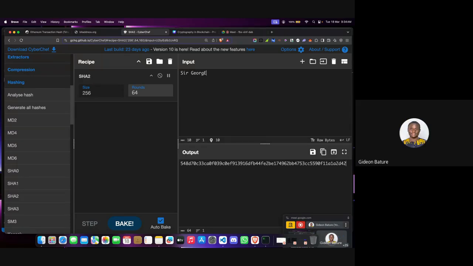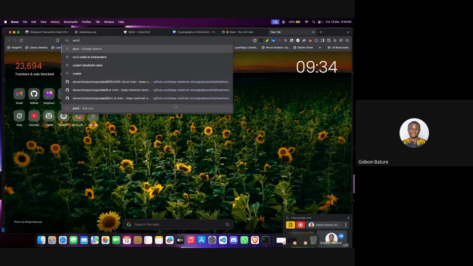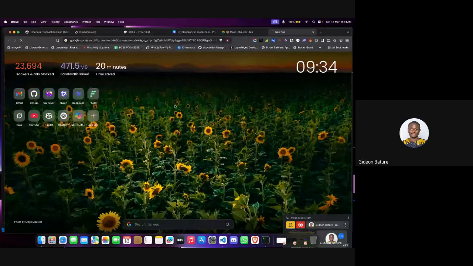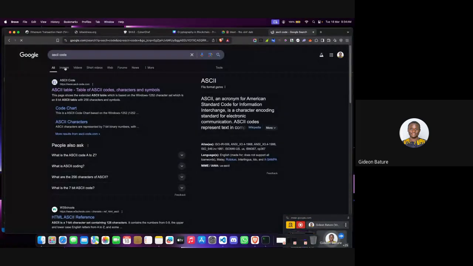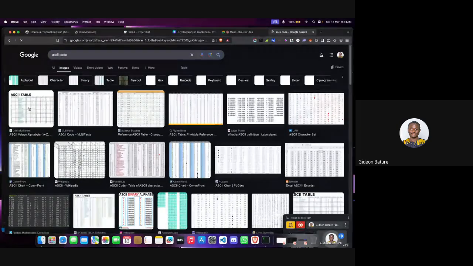No. Good. So it means it takes cognizance of uppercase and lowercase, because in the English language, they are the same thing. Capital letter A, small letter A, all is A. But in mathematics, if you are looking at the ASCII code, you can do a search on that. Let me see if I can get a very nice table that shows that.